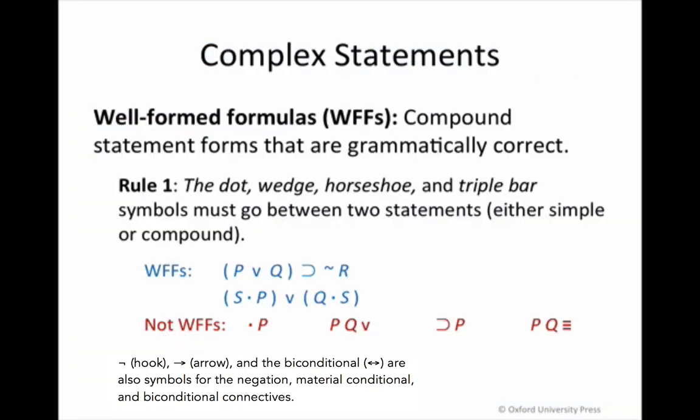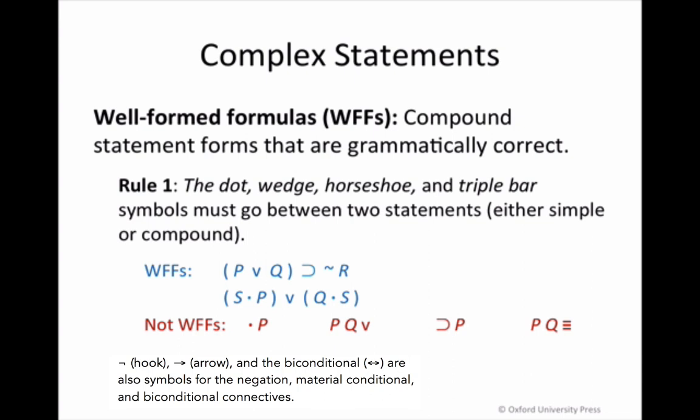So once you've got a handle on what a simple sentence is, as well as the basic sequence to translate a sentence from ordinary language into propositional logic notation, the next thing you want to do is make sure that each of your sentences is well formed.